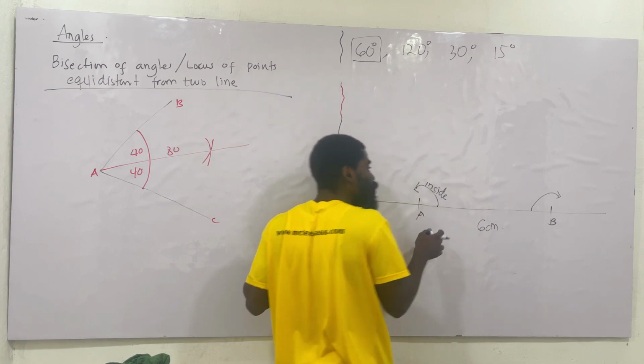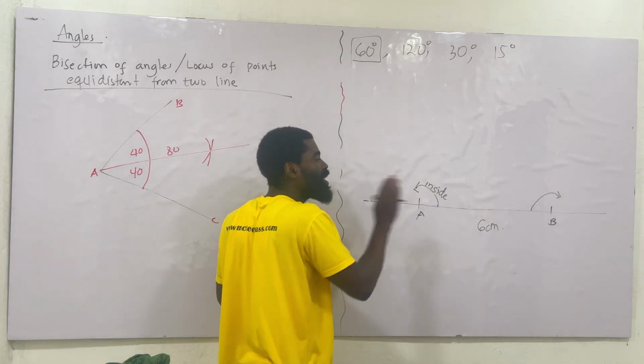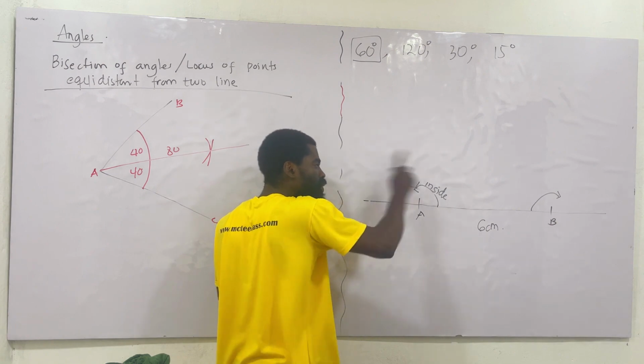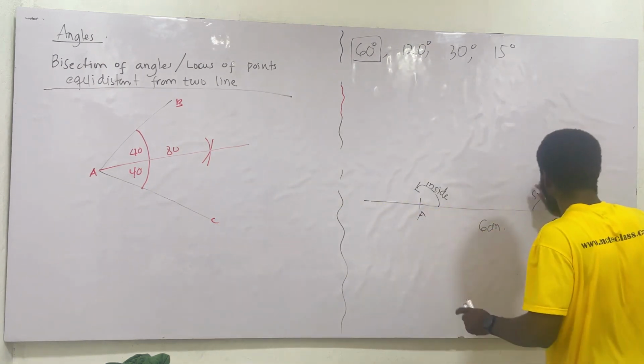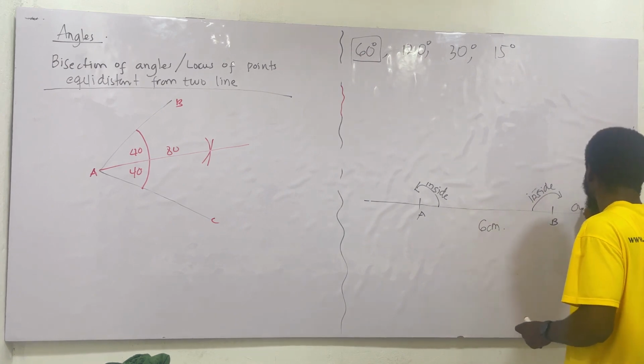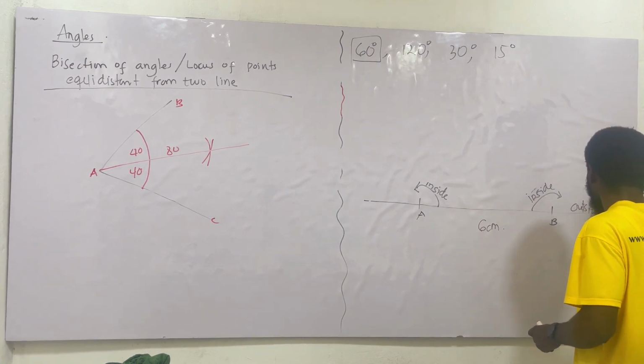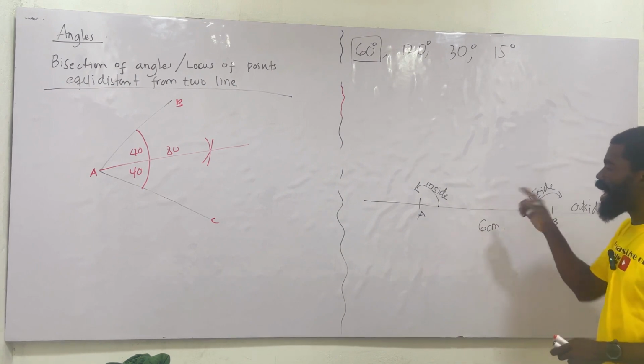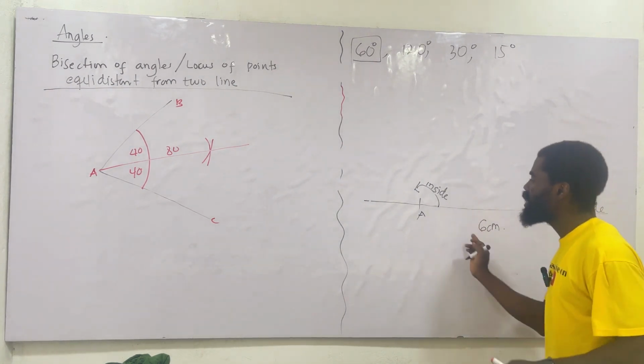I'm taking time because some people get confused when it comes to the construction. So just know this: inside to the outside. We don't go from the outside to the inside, but the angles we always read from inside to the outside.